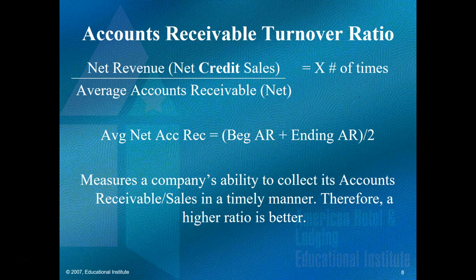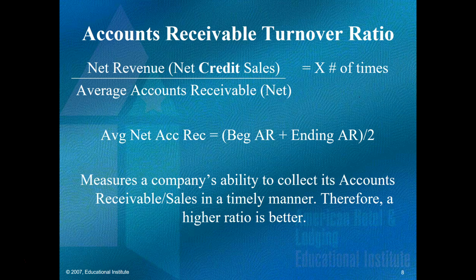So the turnover ratio is actually going to give you the number of times that we actually sell, collect, sell, collect, sell, collect. So let's say that we were putting this on an annual basis, and let's say that we ended up with an accounts receivable turnover ratio of 12.